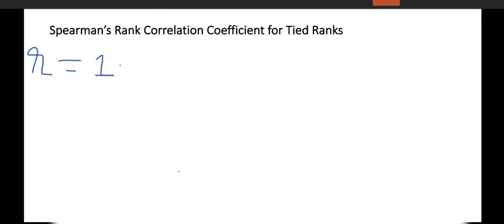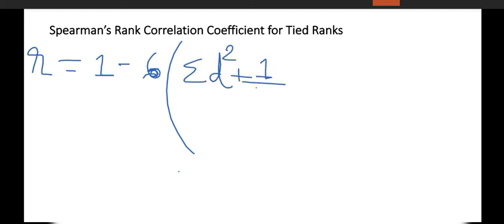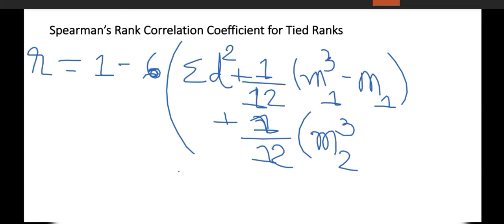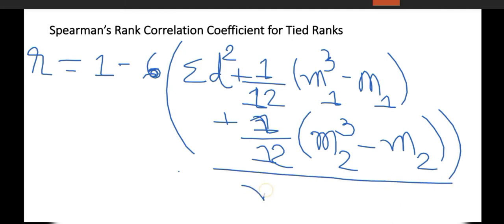R is equal to 1 minus 6 into the bracket sigma d square plus 1 by 12 into m1 cube minus m1 plus 1 by 12 into m2 cube minus m2, divided by n into n square minus 1.